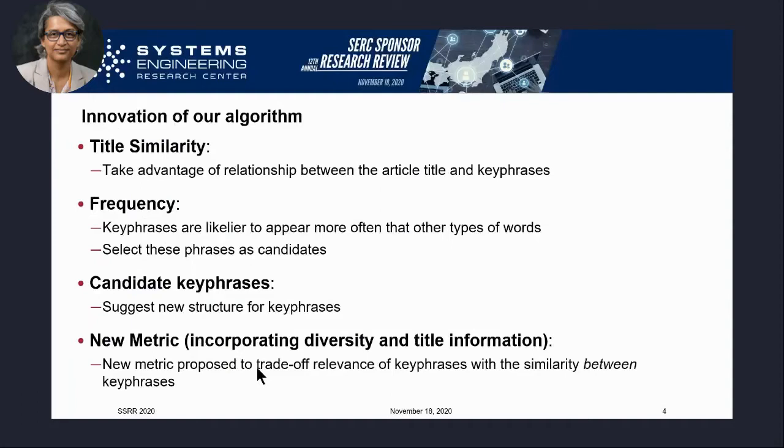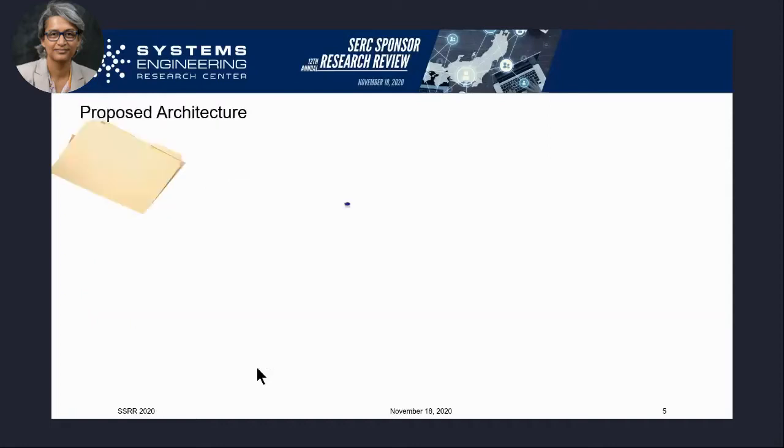So if we find very highly frequent key phrases, we'll just use them directly as a key phrase. Then we suggest new ways of constructing a candidate key phrase. And then we suggest a new metric which will do this trade-off between the title similarity and the relevance of key phrases with the diversity factor. So next slide, please.